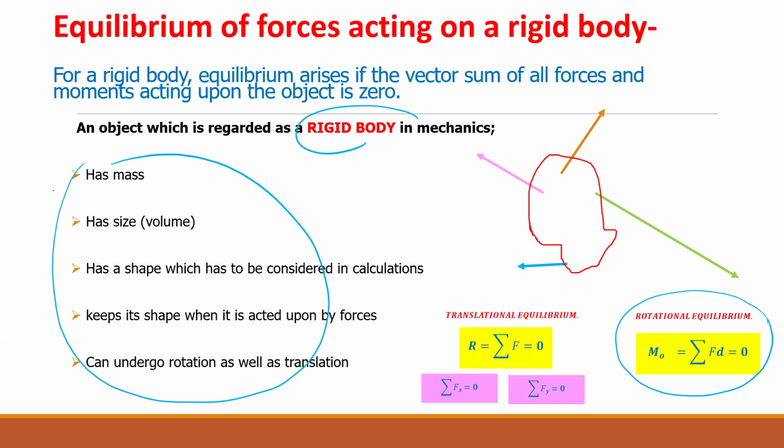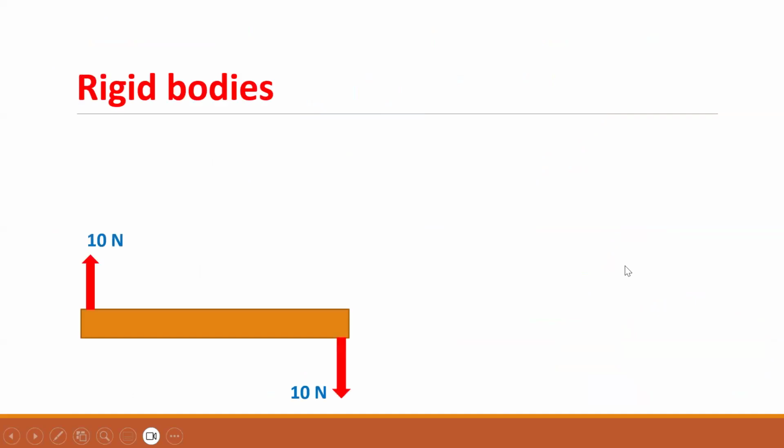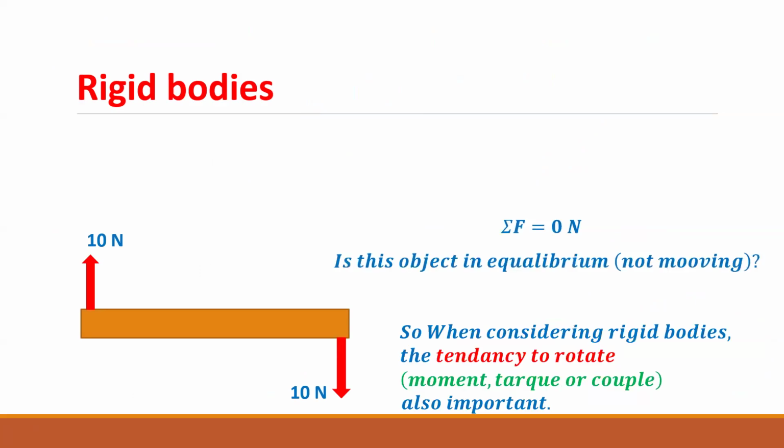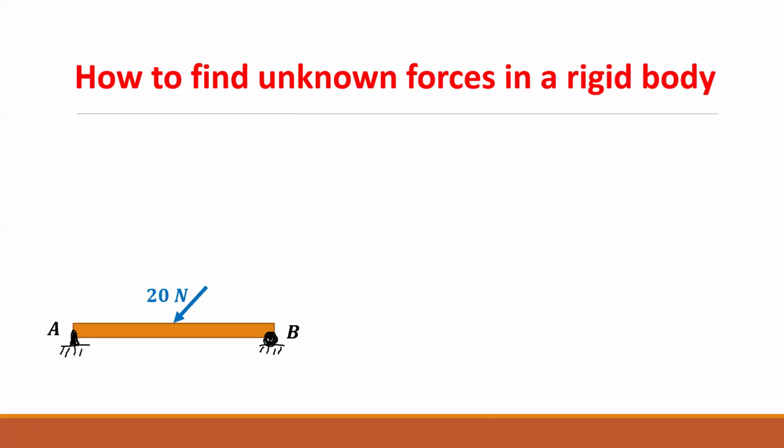When the forces are not going through a single point, then you have to consider it as a rigid body. When the lines of action of the forces are not intersecting at a certain point, that means it's a rigid body and you need to consider the rotational equilibrium as well. Okay, let's do a question. Yeah, this part I already explained.